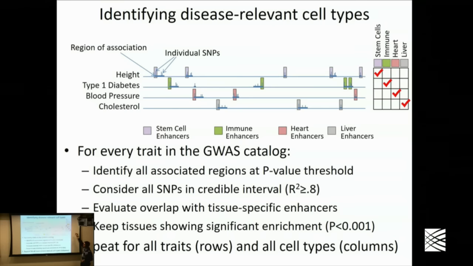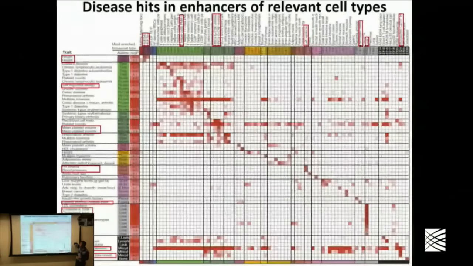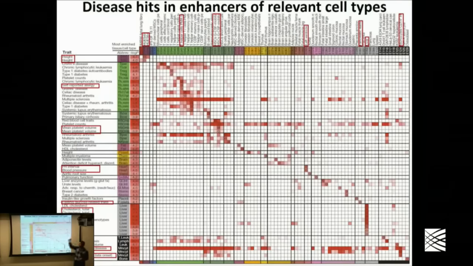And you can use different enrichment tests and so on and so forth. But once you have that, you can now start expanding this to hundreds of traits and hundreds of cell types. So this is a cartoon, obviously, but this is the actual data from the next figure. So if I go now across 58 different traits and 127 different cell types, what do I find?